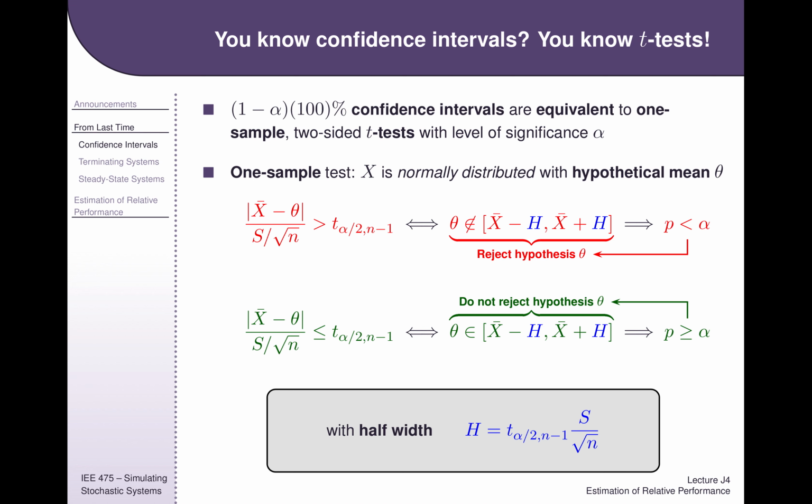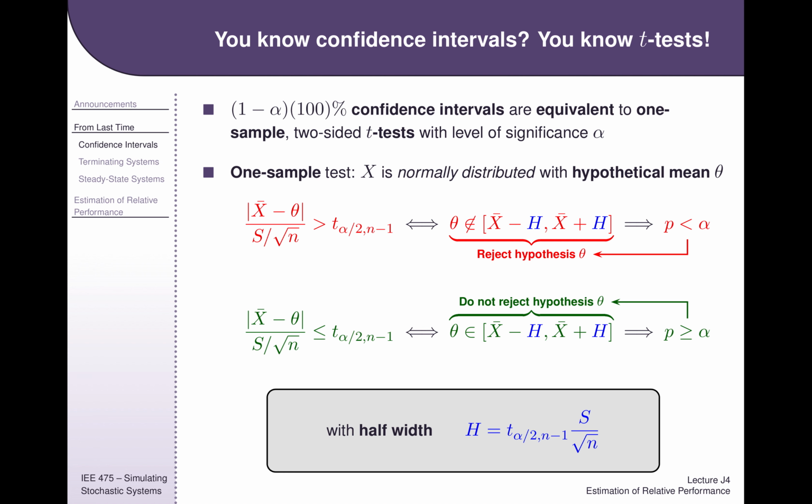A confidence interval, as I've said before: inside the interval are all of the hypotheses that would not be rejected by a t-test, and outside the interval are all the hypotheses that would be rejected by a t-test. That's one way to interpret it.